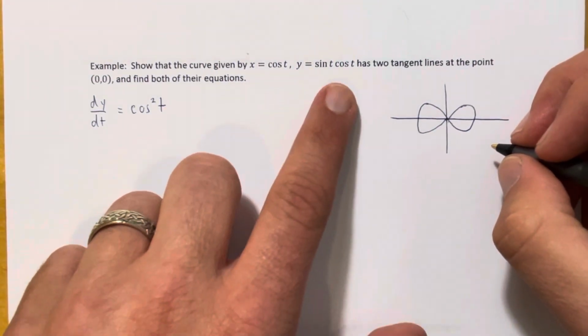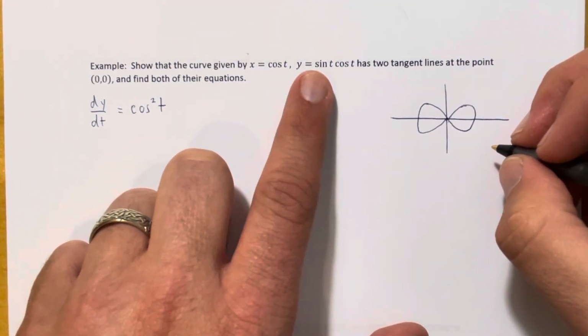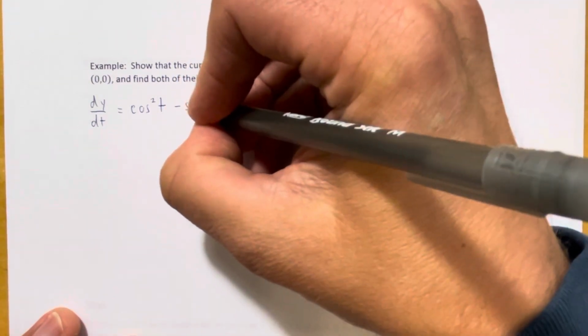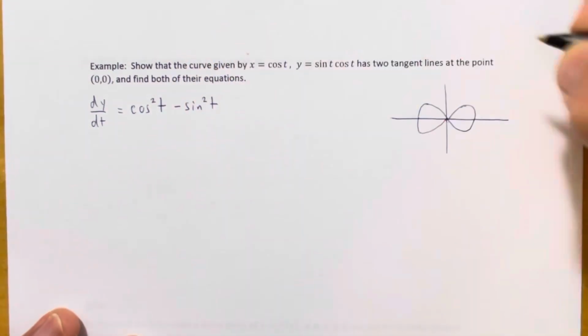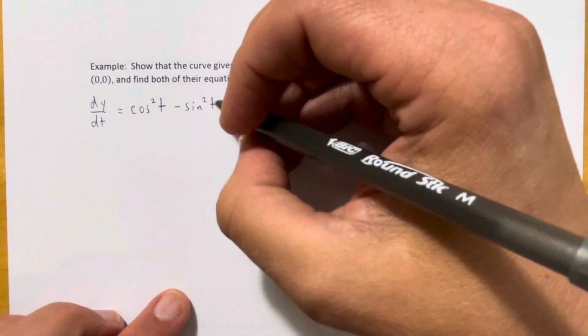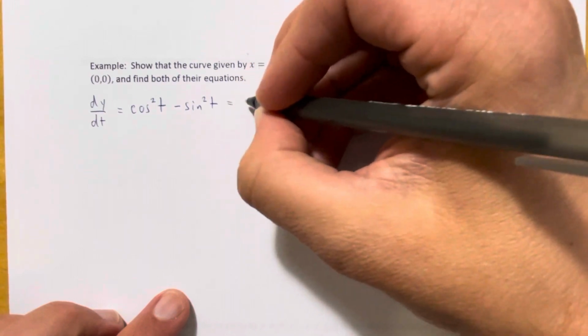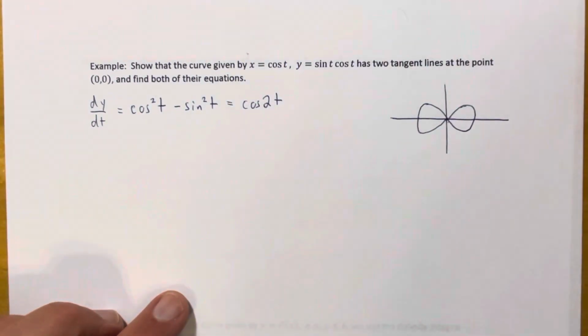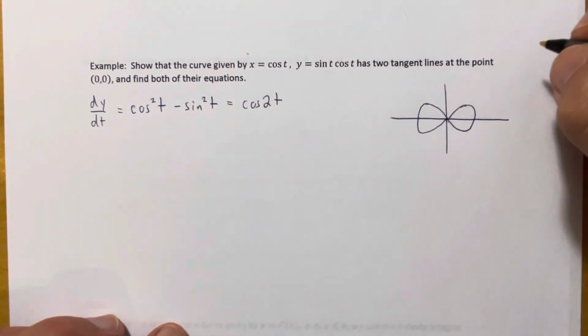And then plus the derivative of the second times the first. That's negative sine times sine, or minus sine squared of t. You may remember from trigonometry that this is one of your double angle formulas for the cosine function. This is the same thing as cosine of 2t, which is a better way to write that.